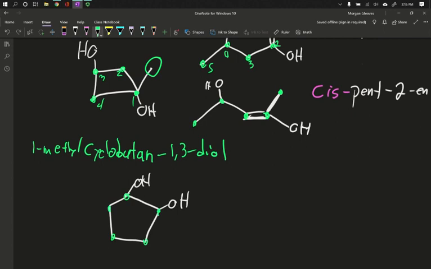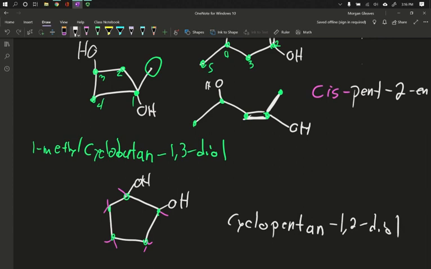If you do the hydrogens, 1, 2, 3, 4, 5, 6, 7, 8, 9, and 10. So again, same formula, but this time this is a cyclopent. They're all single bonded, so pentan, 1,2-diol.